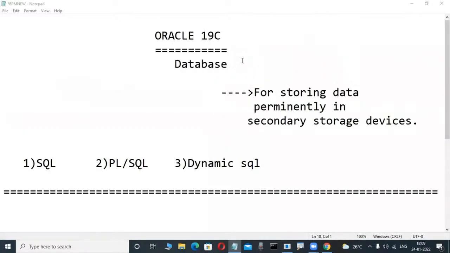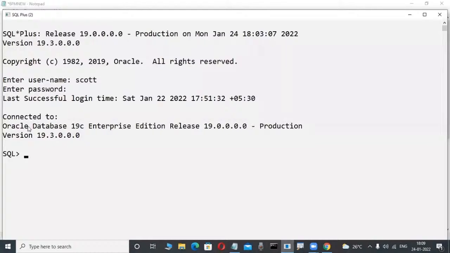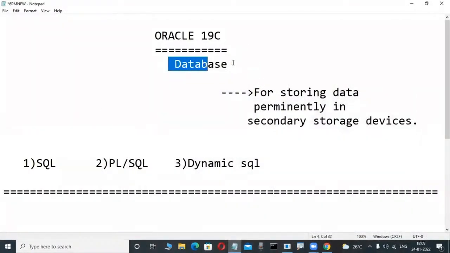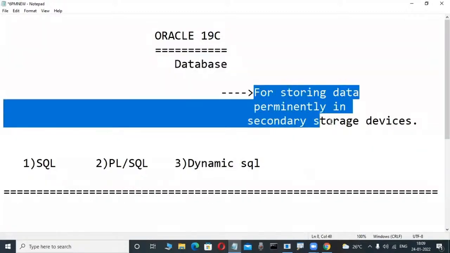Concentrate here. Anybody who did not attend the previous classes, don't be afraid, don't worry. Simple. Oracle is a product from Oracle Corporation. 19c is a version. This Oracle is a database product, for newcomers. The purpose of this database product is storing data permanently in a hard disk.